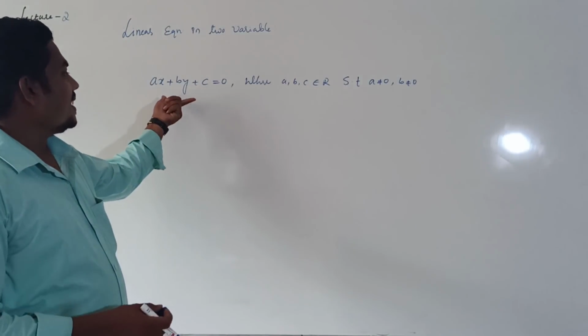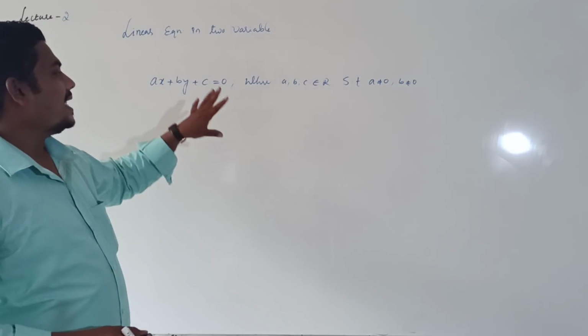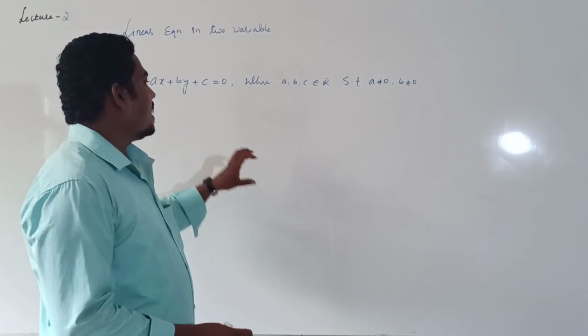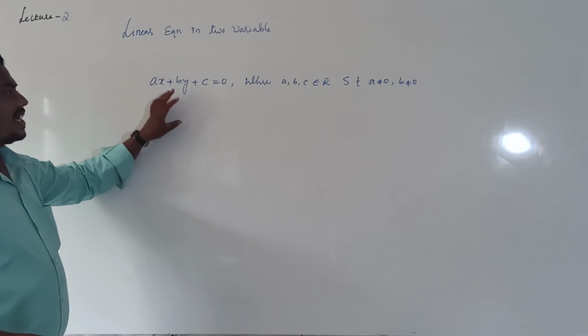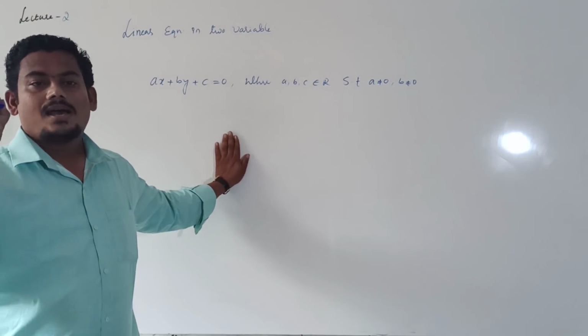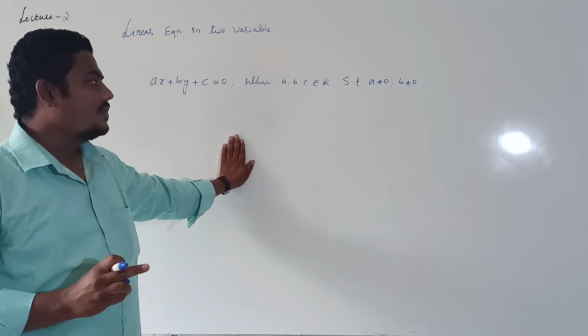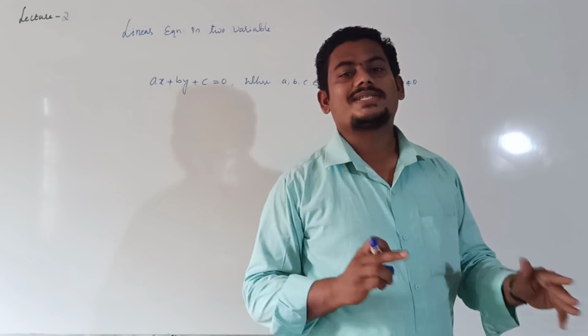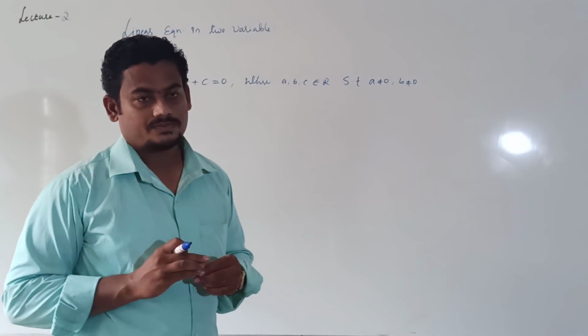Suppose both a and b are zeros, then it is not a linear equation in two variables. Hence, an equation of the form ax plus by plus c equal to 0 represents a linear equation in two variables when a not equal to 0 and b not equal to 0. C may or may not be 0.